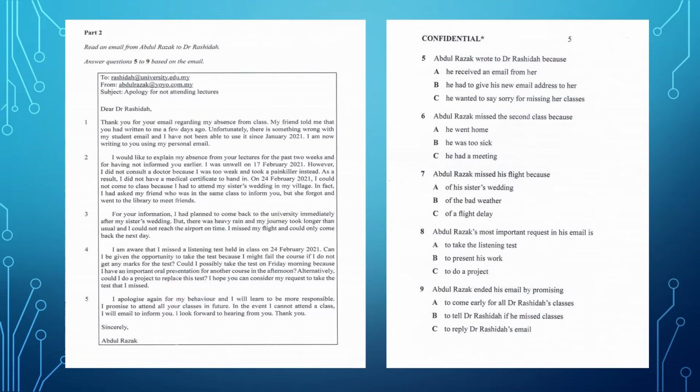Alright, then after you have understood the passage, you can go to the questions and try to find the answers by eliminating the totally wrong answers, and also go back to the passage, find the keywords, and I think you know the steps on how to find the answers, okay, for the objective questions.